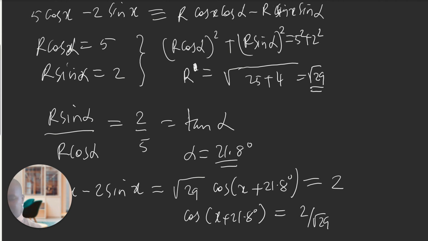So 2 divided by square root of 29, you get 0.371.